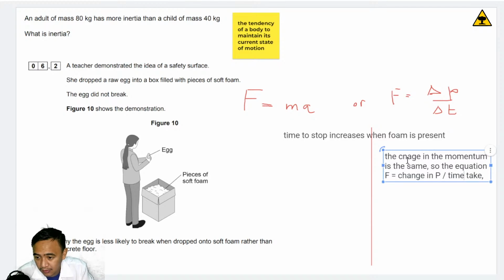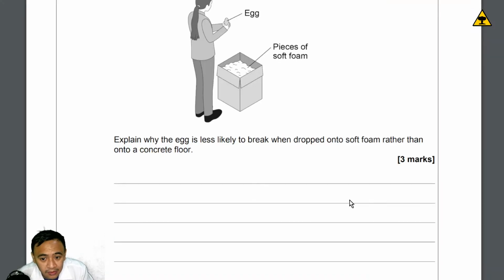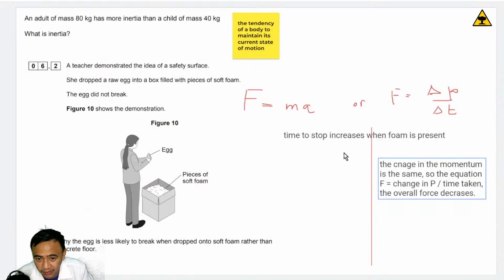Then the overall force decreases as well. So this will gain you your marks. How many marks was this again? 3 marks. The first mark will always be about the time. The second mark is here.